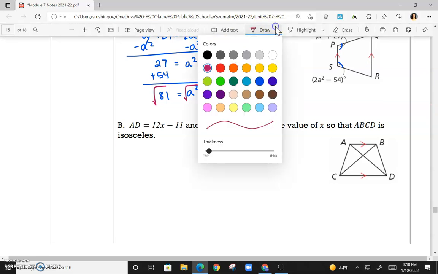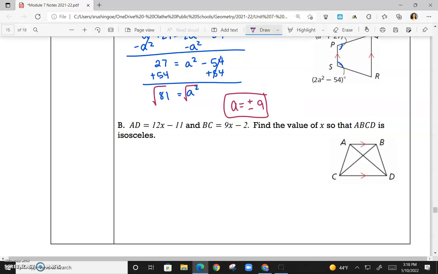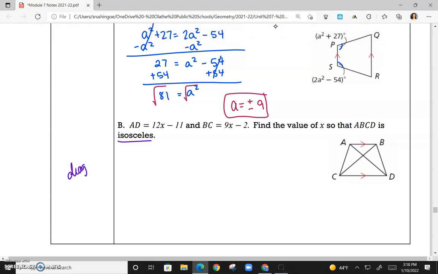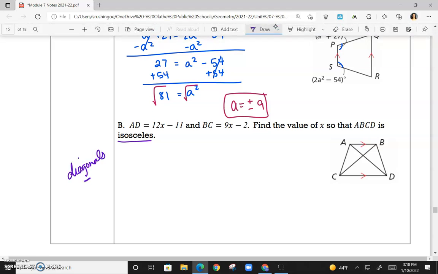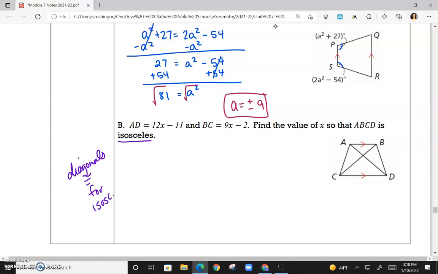Over here on this one, we have diagonals congruent because it, again, says isosceles. So diagonals congruent for isosceles. AD is this diagonal right there, and BC is this diagonal right there.